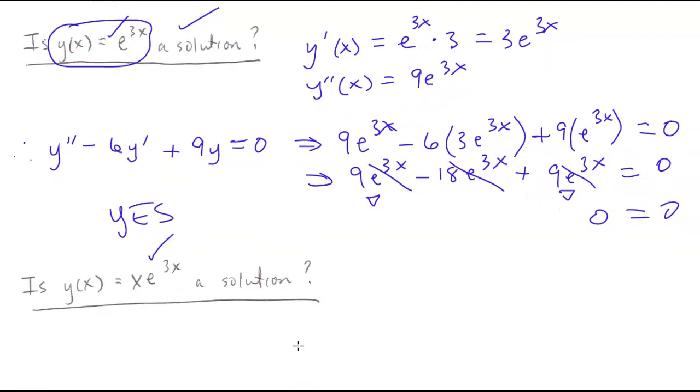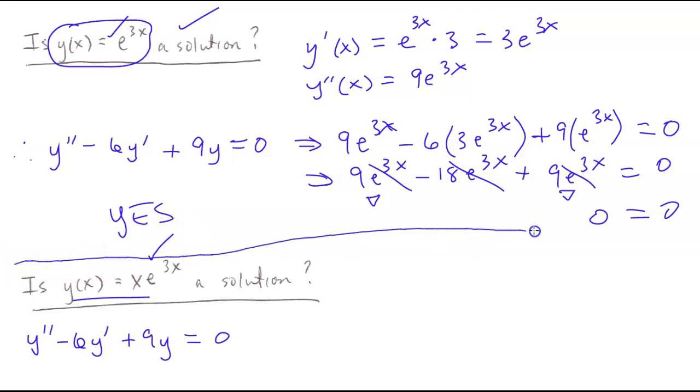All right, so let's do this again. Here I'm going to use the same equation. That's going to be y double prime minus 6y prime plus 9y equals 0. What we need to do here is find the first and second derivative of this particular function. So I'm going to go ahead and take care of that now. For the first derivative, of course, we'll use the product rule here.